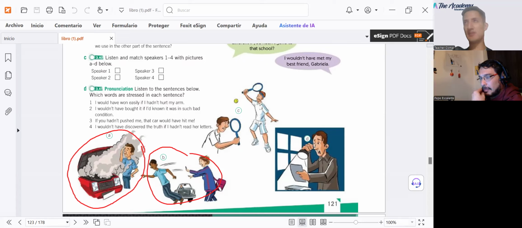We found out that he was lying all the time. He had a daughter living in Hong Kong, and he was sending her all the money. Ah, that explains why his bank account was empty. Yes, exactly. I wouldn't have discovered the truth if I hadn't read her letters. I found them in a box in his attic. Well done. Good work.